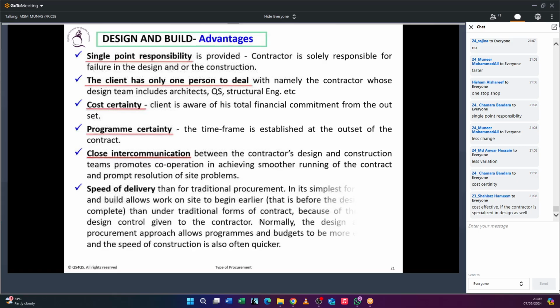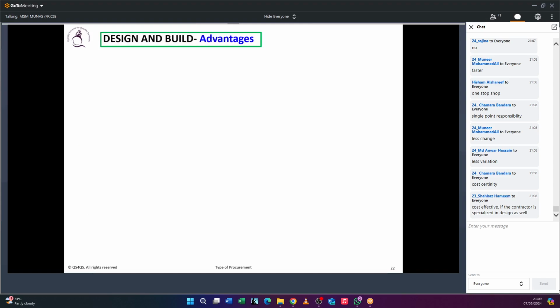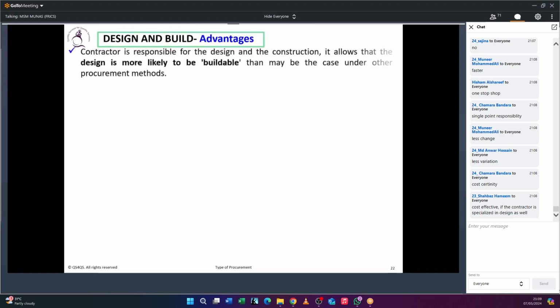And the fastest delivery will be there because of overlapping the design and the construction. So if you want to have the project very fast track, you can go for this. And when the contractor does the design, you are getting a buildable design, so it unnecessarily avoids some variations.